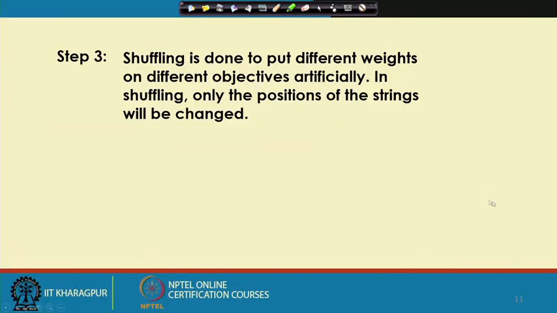This is the drawback of this approach, but as I told you, this is the first approach in which a genetic algorithm has been used to tackle the multi-objective optimization problem. So, I thought I should discuss the principle of this first approach using GA. But as I said, it has some drawbacks, in the sense that it will not be able to find the Pareto optimal front of solutions. This approach is actually very simple.